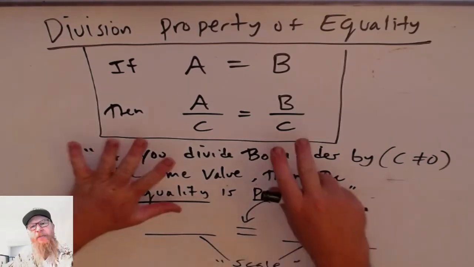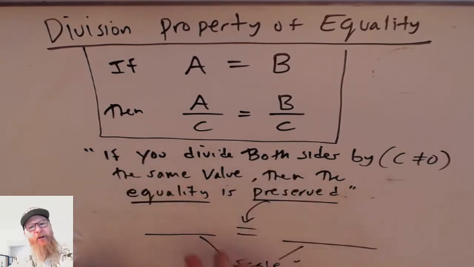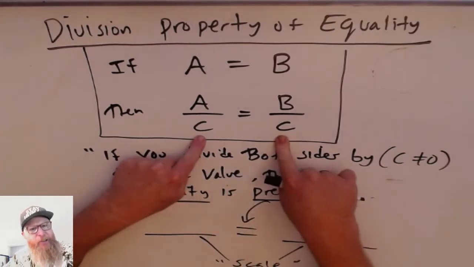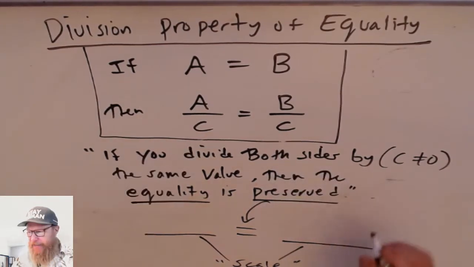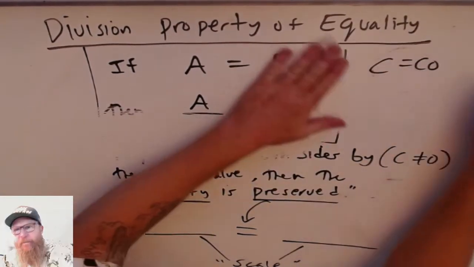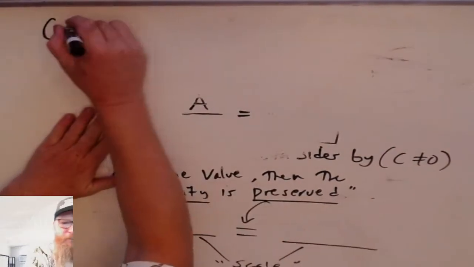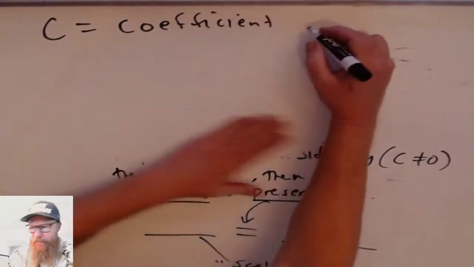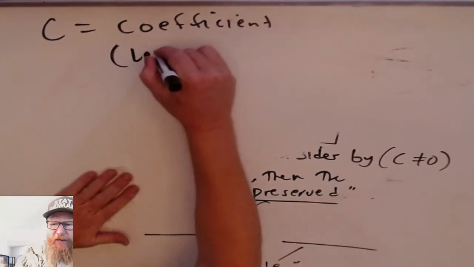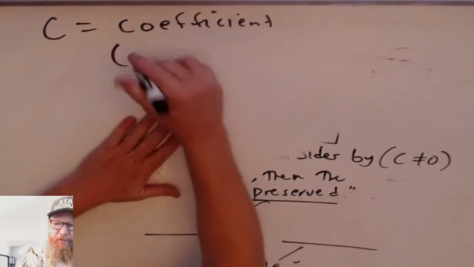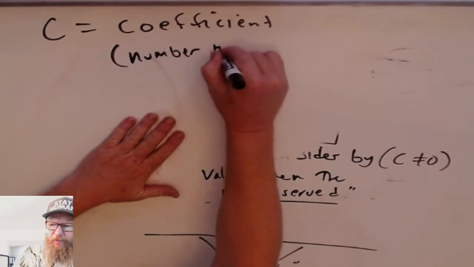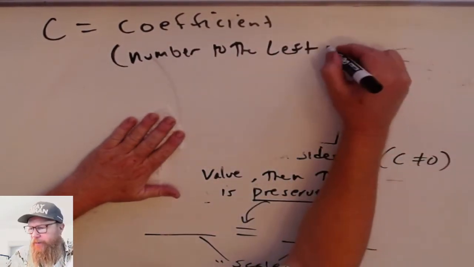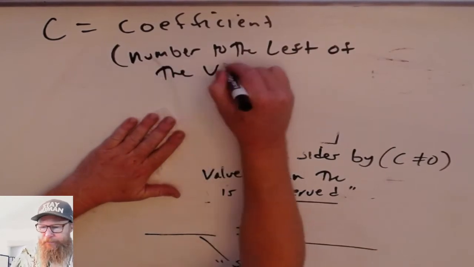So we can use this property to solve equations that have a coefficient. Typically, C stands for coefficient. So that's what you're dividing by is C. Coefficient's a fancy way of saying the number to the left or in front of the variable.